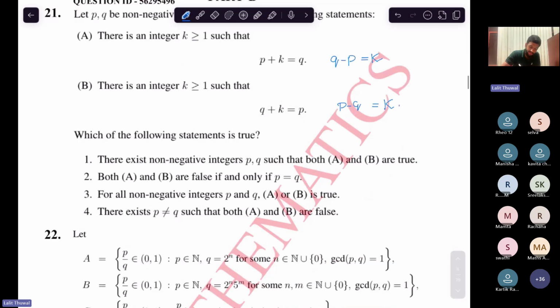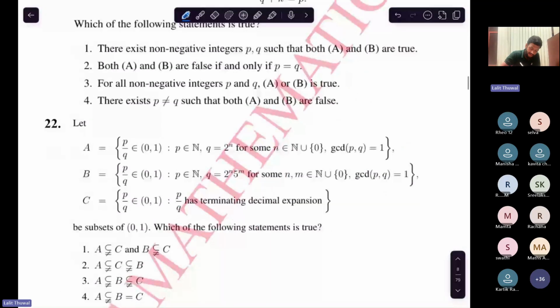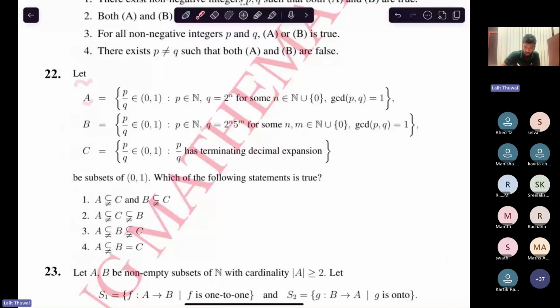Let A be the set of those rational numbers from 0 to 1 whose denominator is a power of 2, some 2 to the power n, and GCD of P and Q is 1. It means that it is in reduced form. B is the collection of those rational numbers from 0 to 1 for which Q is of the form 2 to the power n times 5 to the power m, where n and m are non-negative integers.